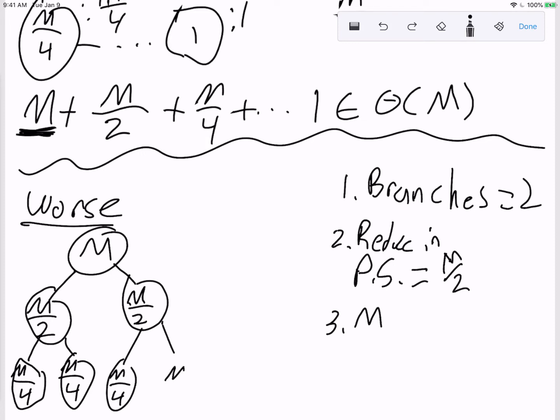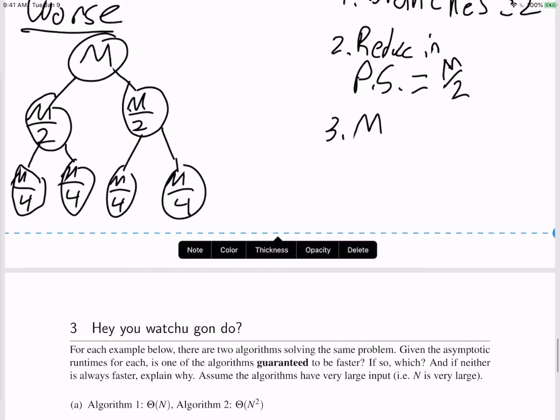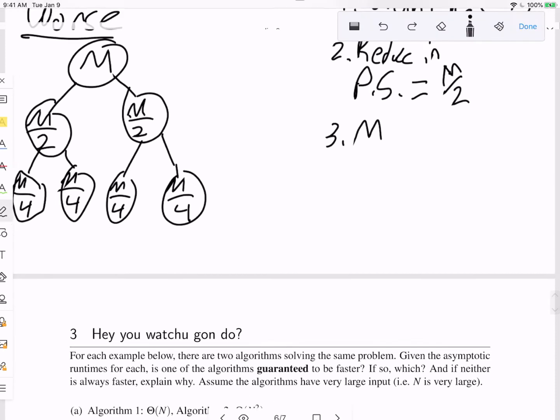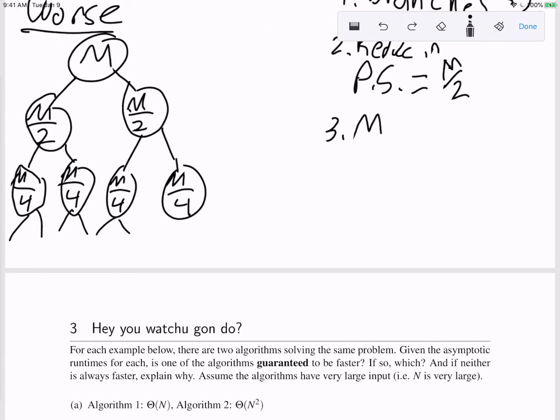These are also m over 4. And it keeps going, right? And at the bottom, because the base case was 1, we're going to have a bunch of 1s, right? Okay, so now we can figure out how much work this tree does.